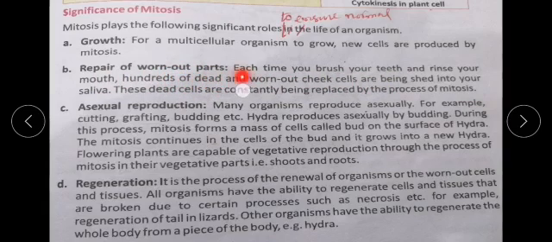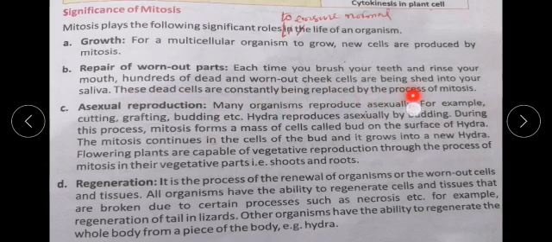Now see, each time you brush your teeth and rinse your mouth, hundreds of dead and worn out cheek cells, the cheek cells inside our mouth, the worn out cheek cells, daily we wash them out of our mouth. When we brush our teeth and rinse our mouth, these worn out or dead cheek cells are being shed off, and these dead cells are then replaced by new cells.